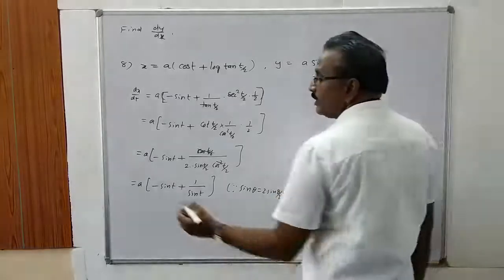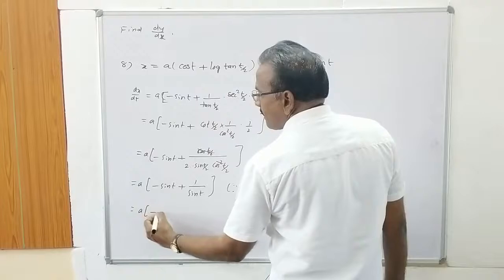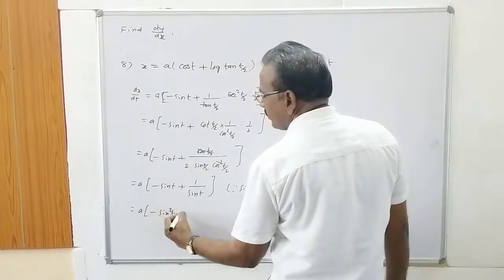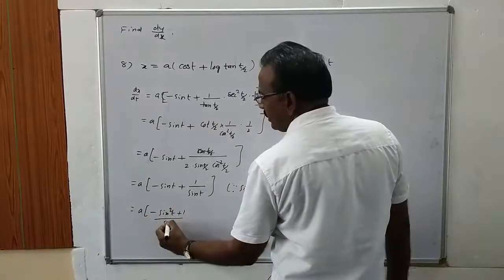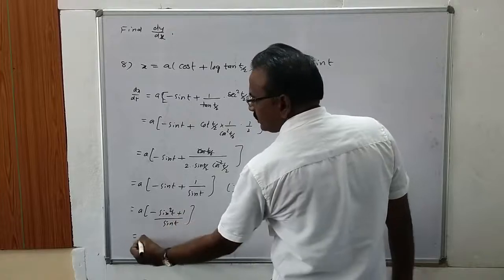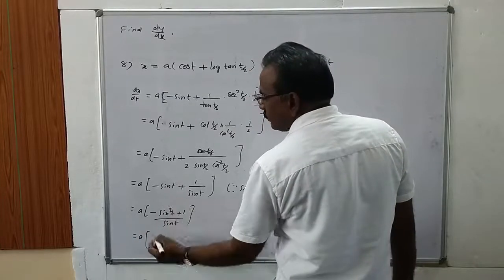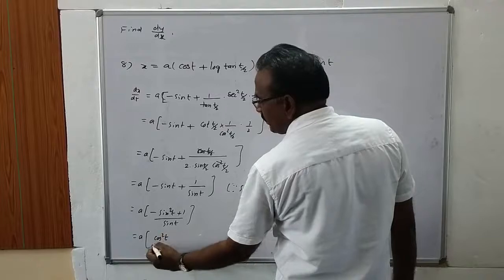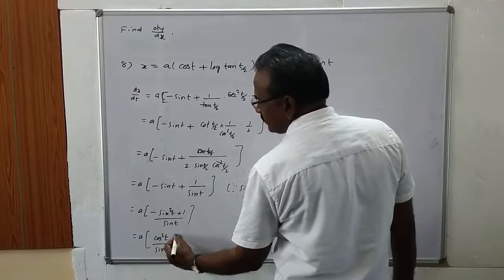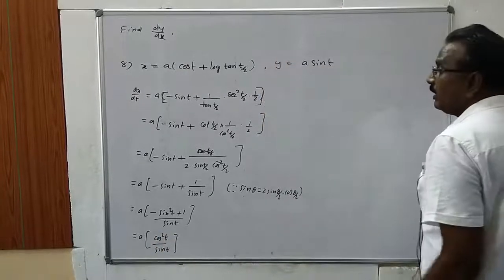Taking the LCM, minus sin square t plus 1 divided by sin t, that is a into 1 minus sin square t, which is cos square t by sin t. So this is the dx by dt value.